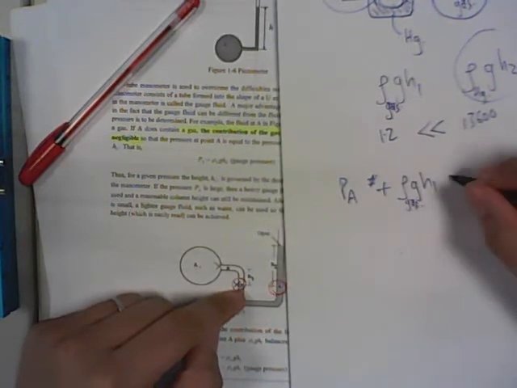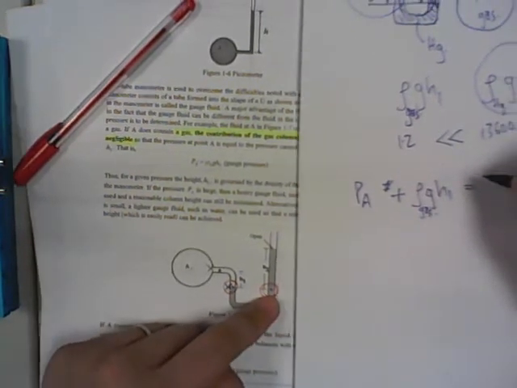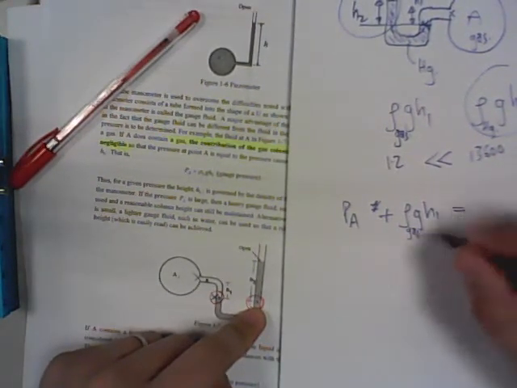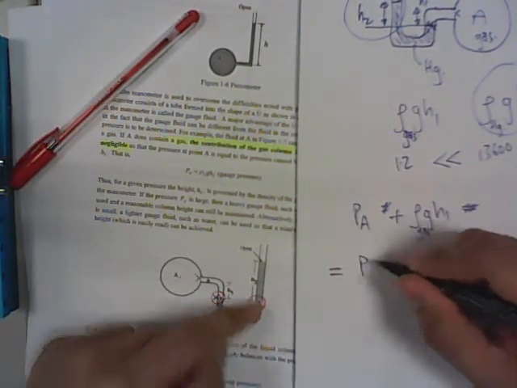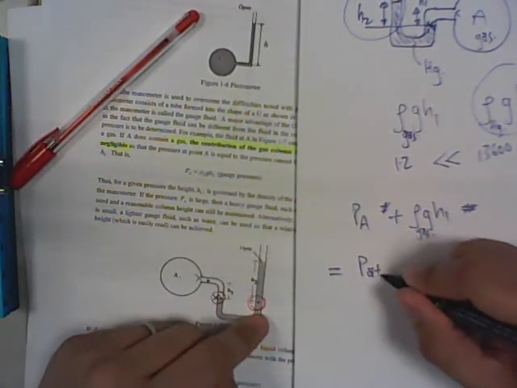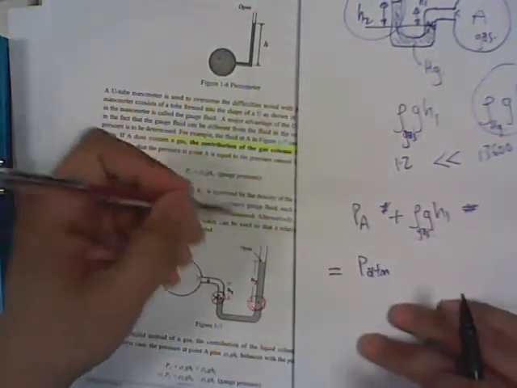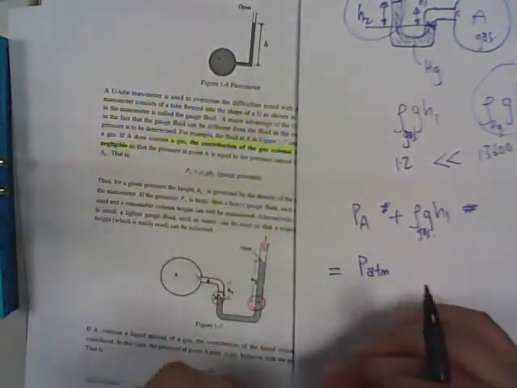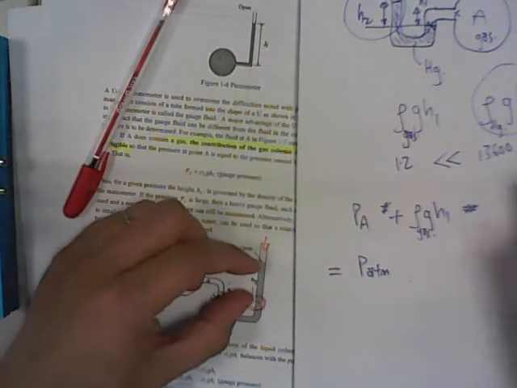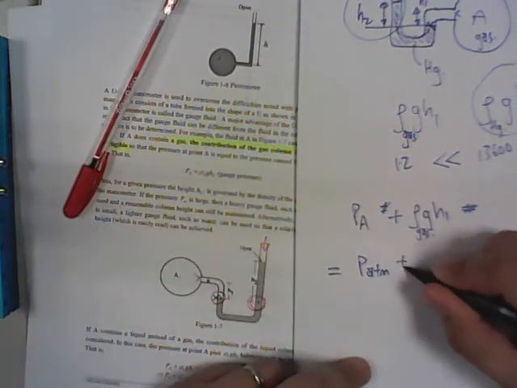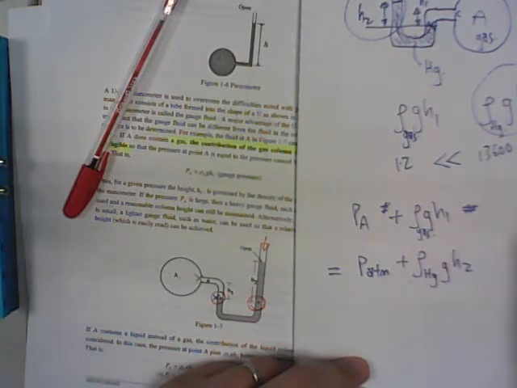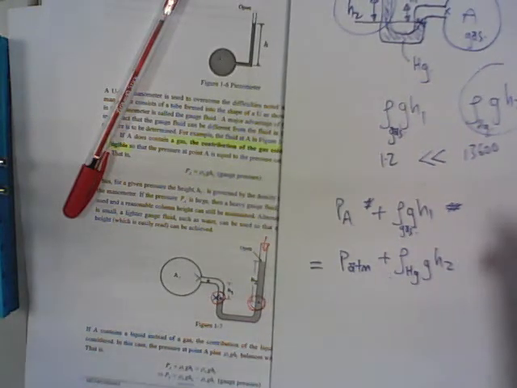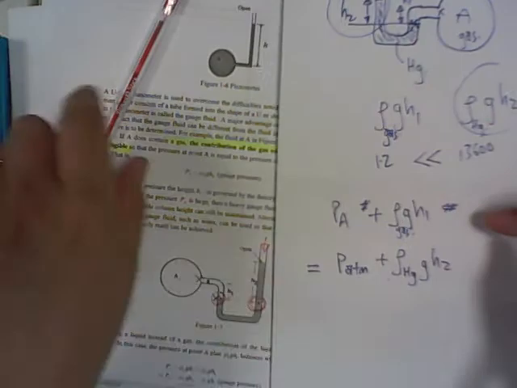And this pressure is equal to this pressure. So what is the value of this pressure? This pressure is your atmospheric pressure from the top plus this column of mercury, rho mercury g H2. This is the full form.